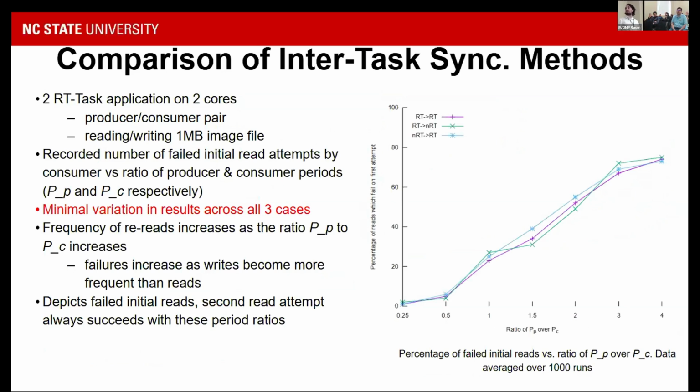There's minimal variation between these sets, in this case the ratio of the period of the producer to the period of the consumer. Since what invalidates a read is a write coming in at the same time, or while the read is still executing.